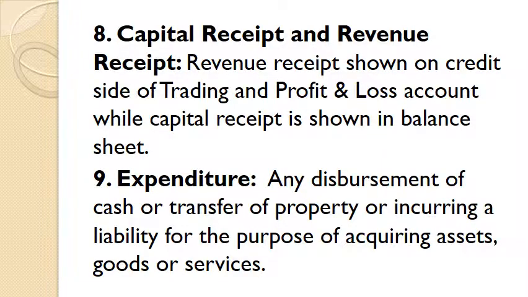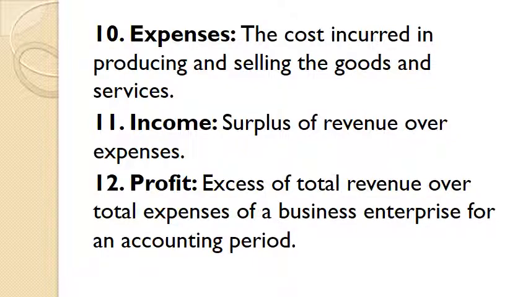Next is expenses. Expenses are the cost incurred in producing and selling the goods and services, like cost of goods sold, amount paid for rent, commission, salary, advertisement, or decline in the value of an asset. All these are the expenses.